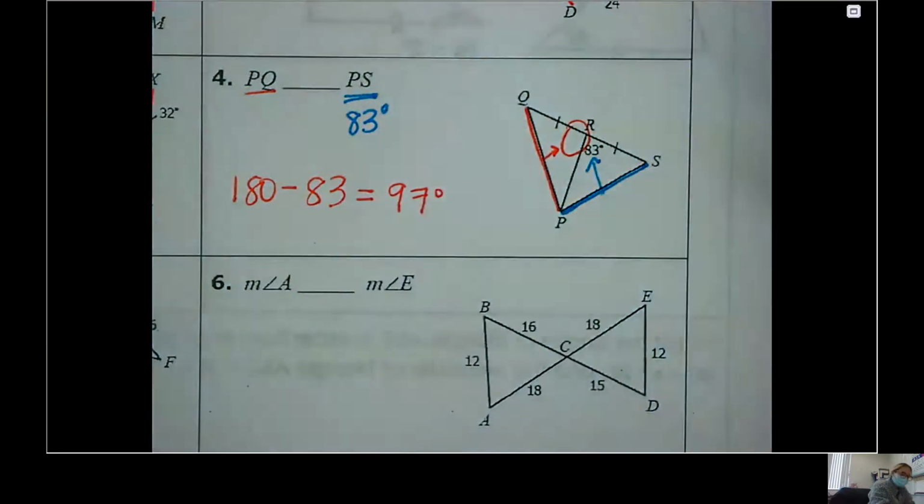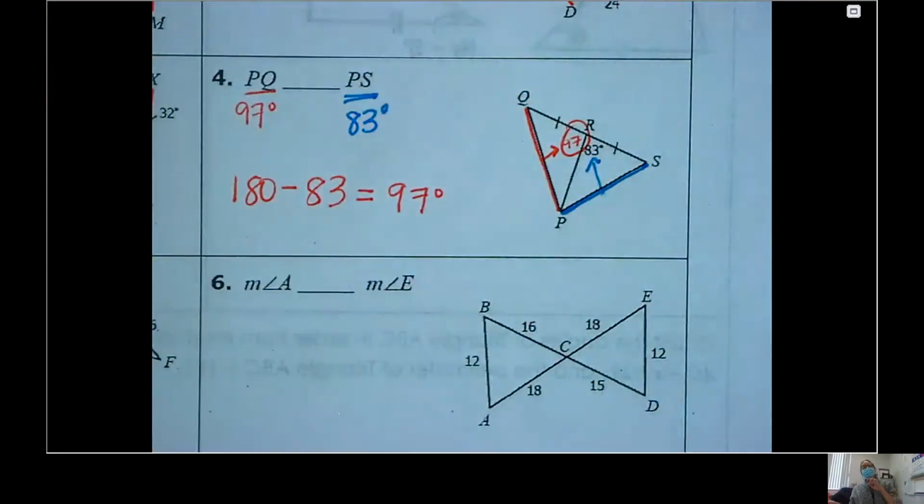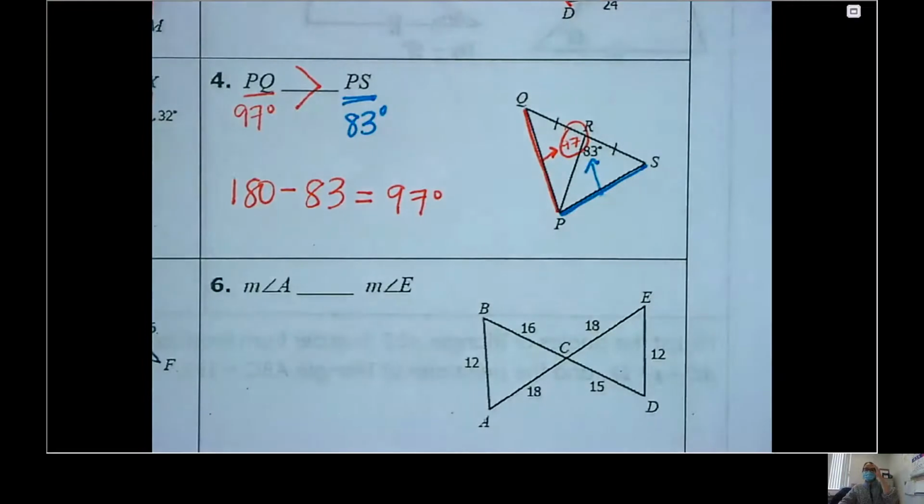You get, like Enrique said, 97 degrees. So this little piece is 97. Oh, so small. Okay, so is PQ greater than or less than PS? Greater than. So it opens up towards the PQ. It's greater than.